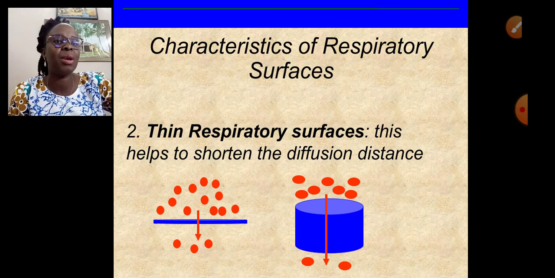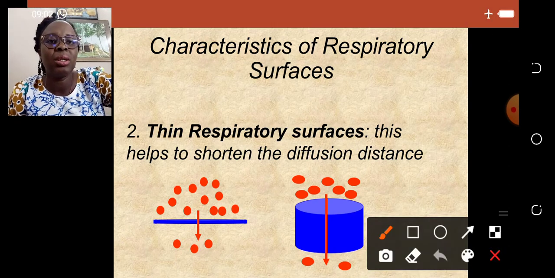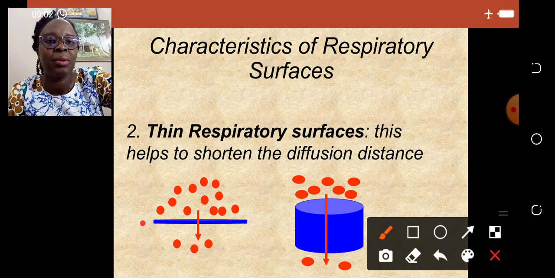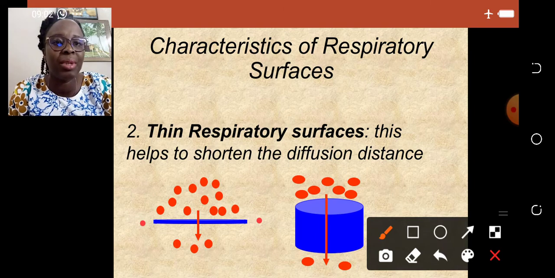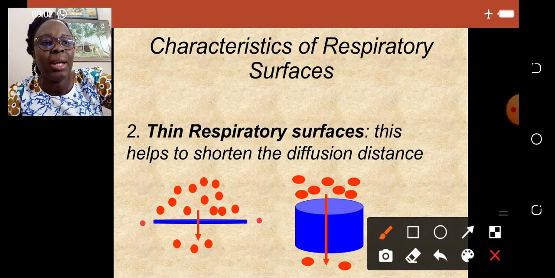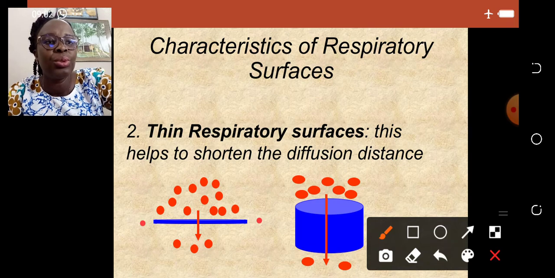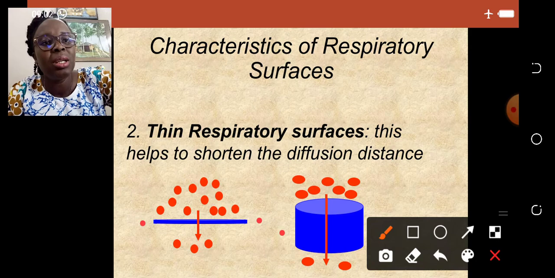Now look at the diagram below. We can see the blue line here, from here to here. Compare it to this one here where the surface is wider.